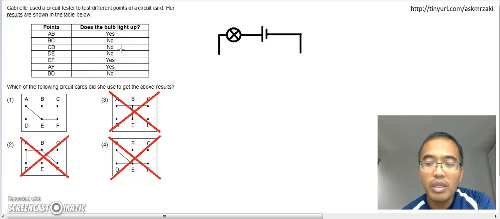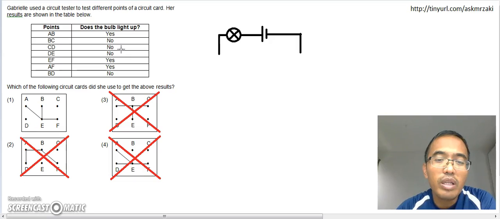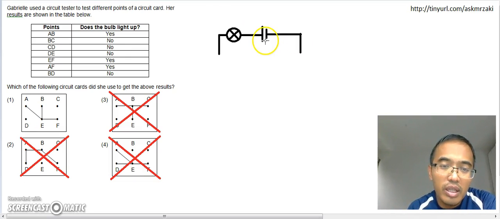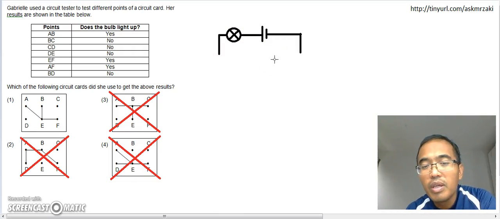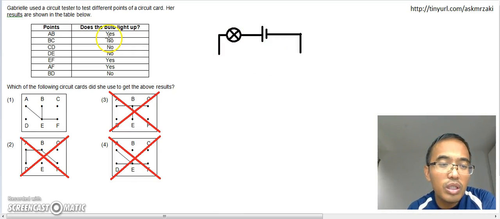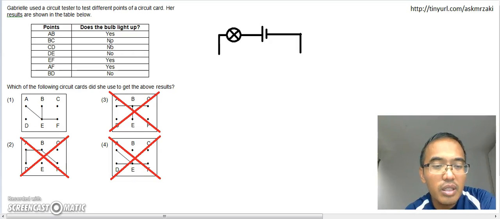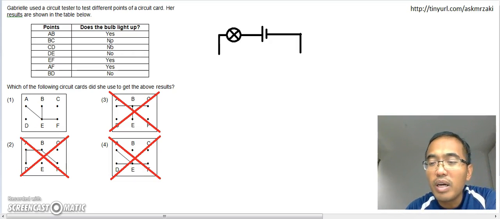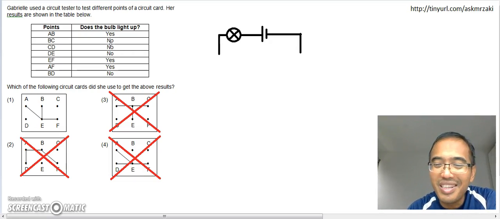So I've shown you 2 methods to solve this problem. One is by really attaching a circuit and then tracing the electric flow. Or you can also just look at the 2 points and see whether there's a connection between them. I leave it to you which method is easier for you. Again, like I said, I may be going too fast because I have to work with a 15 minutes limit.